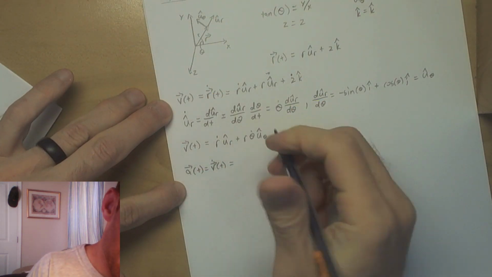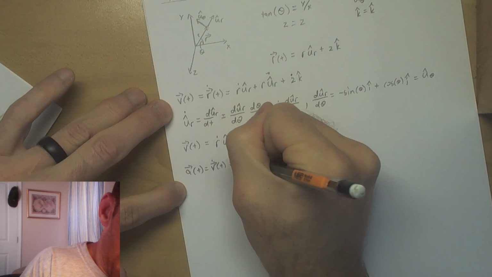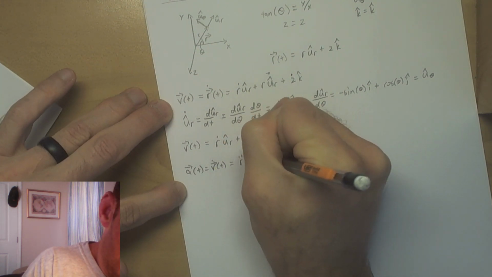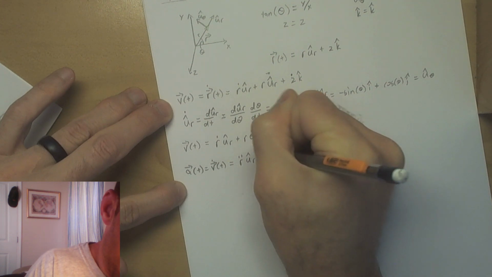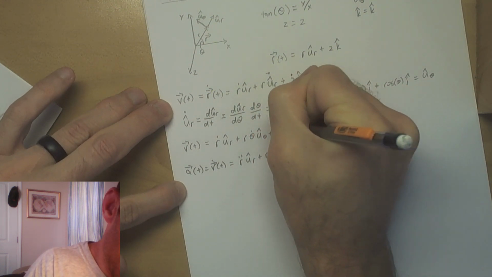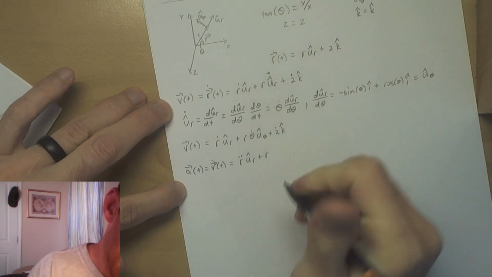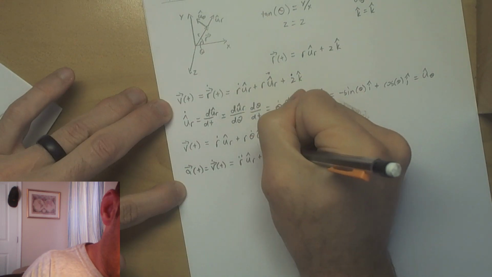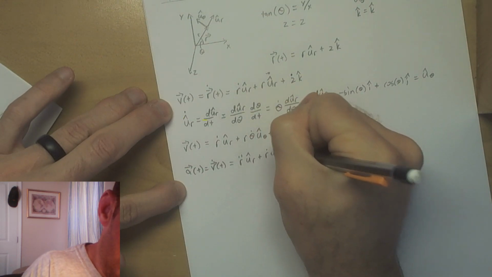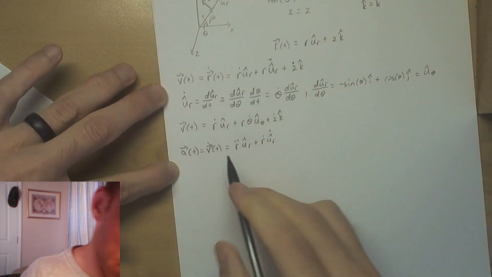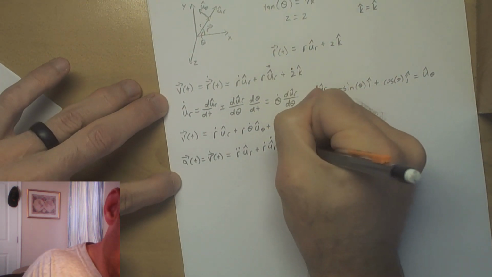So we have the derivative of the first times the second, plus the first times the derivative of the second. Likewise for the second term here.